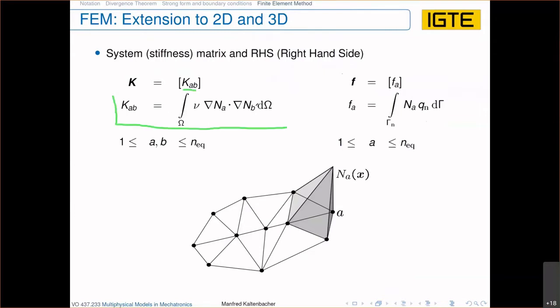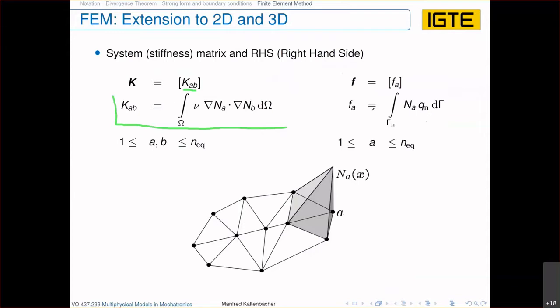We have to take the gradient of the basis function at equation A, dot product with the gradient of the basis function at equation B. That is why we have AB here. We should not forget our material parameter, and we integrate over the whole computational domain.